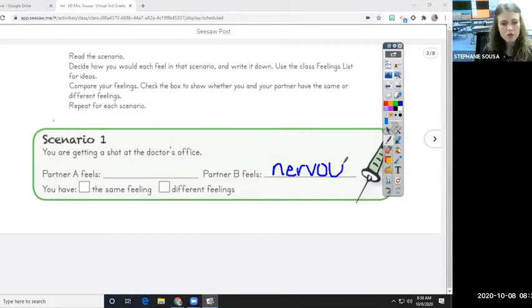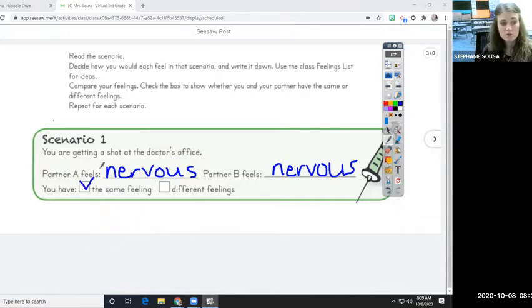Josh, how would you feel if you had to get a shot at the doctor's office? I would also feel nervous. Okay, so Josh has the same feelings as me. I don't like getting shots. Yeah, sometimes they hurt. It just makes me feel weird. So yeah, I get that. Josh was partner A. I wrote down that he would feel nervous. I was partner B. I wrote down that I would feel nervous. Do we have the same feeling or different feelings?